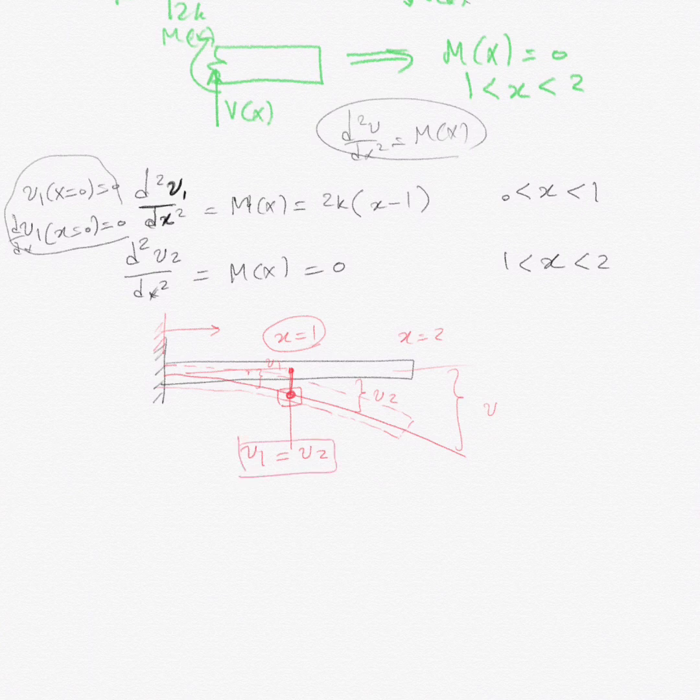What about the slope? The slope from the left is identical to the slope from the right at this point, because the derivative exists and is unique, you only have one fitting line.